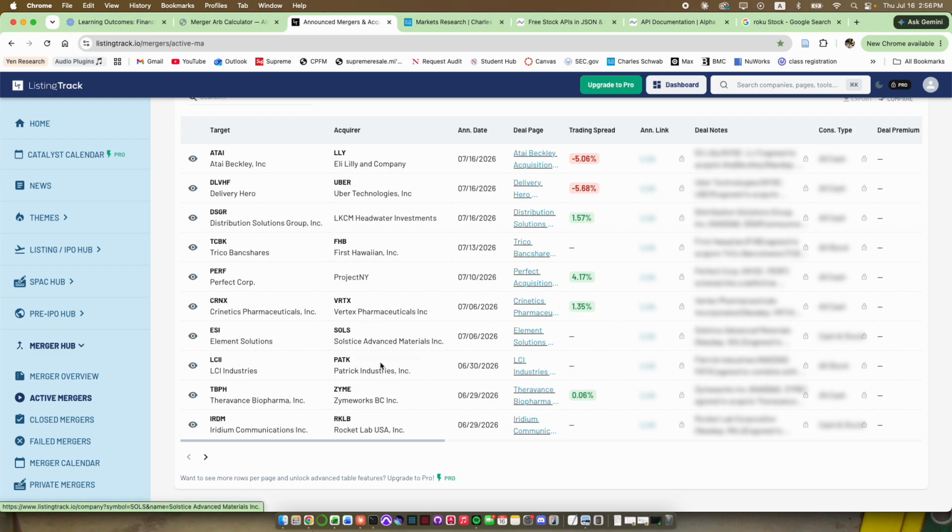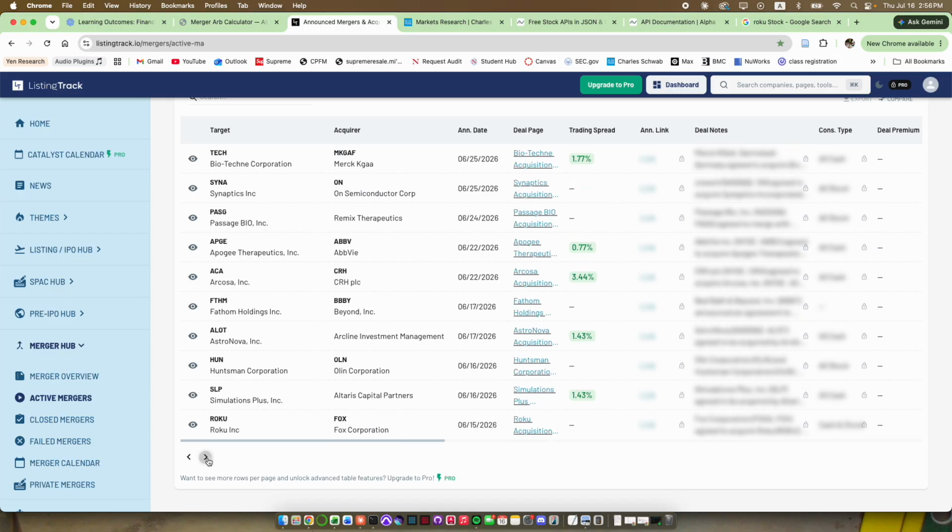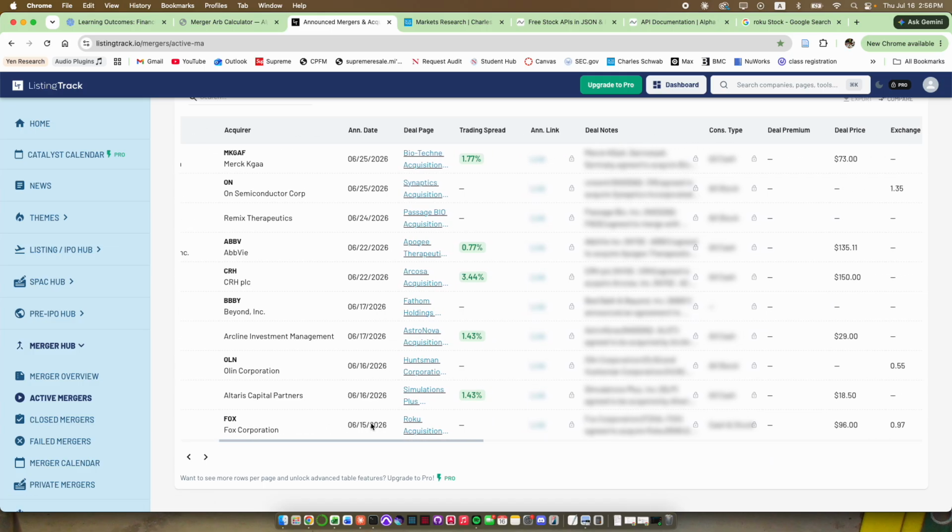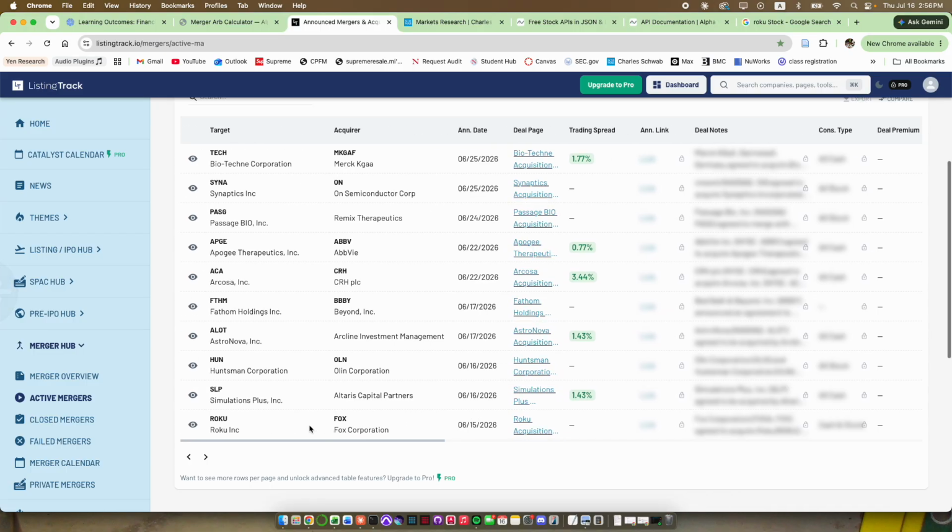So if you were to buy all of these, if you were to participate in each of these mergers, some of these have returns that are correlated. Like maybe Fox isn't the only company in this list that would be exposed to antitrust regulation. So if this deal falls through and you lose whatever investment you had on this deal, then it might not be the only one affected.